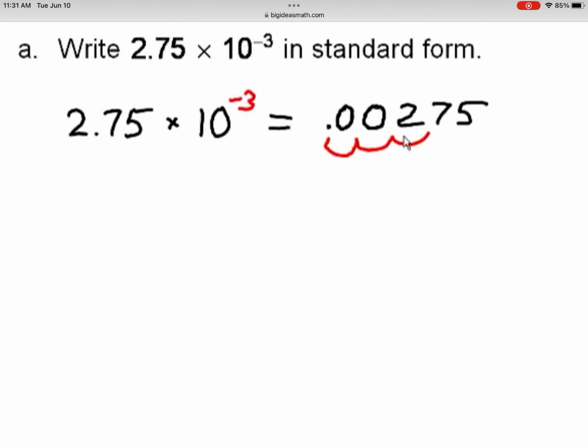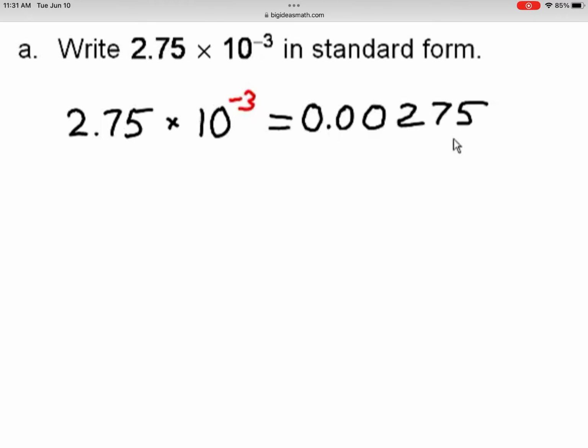And notice that our number is going to be a decimal number that's less than 1, so we need a leading 0, don't we? So here's our number. We don't need this path anymore, so let's erase that. And for this number given in scientific notation, the standard form is the decimal number 275 hundred thousandths.